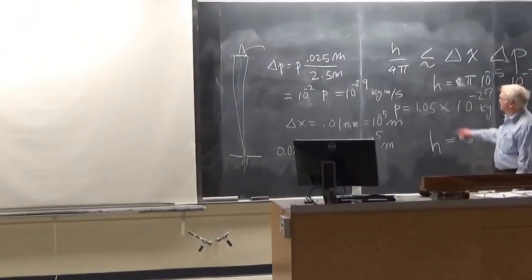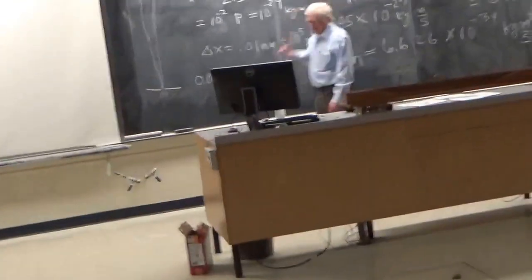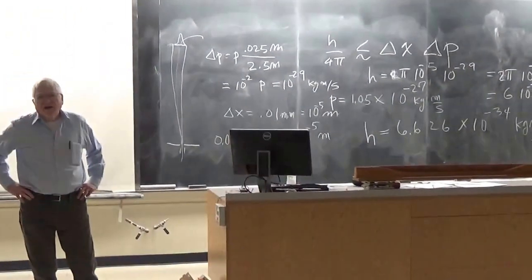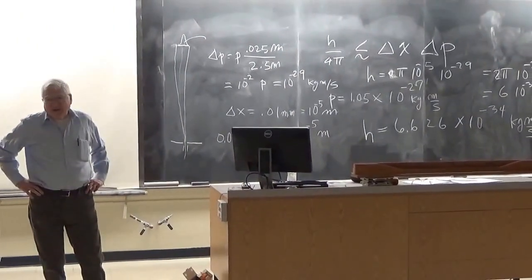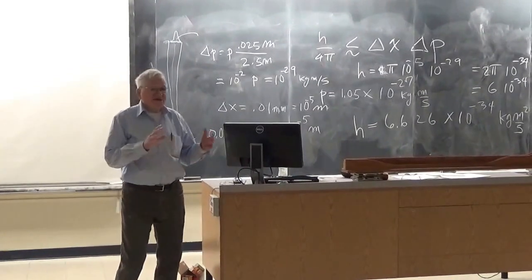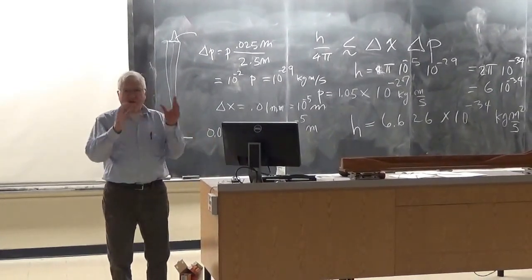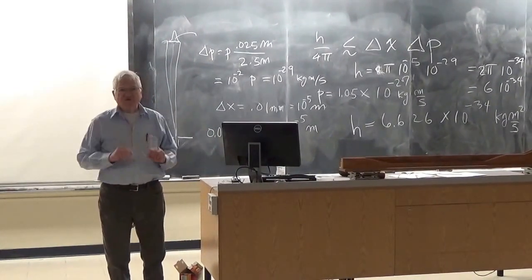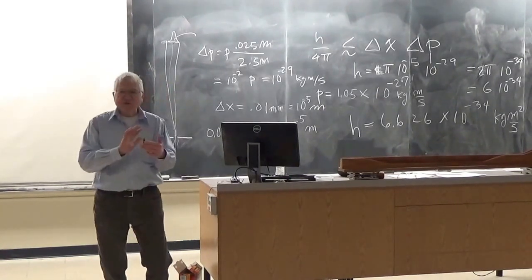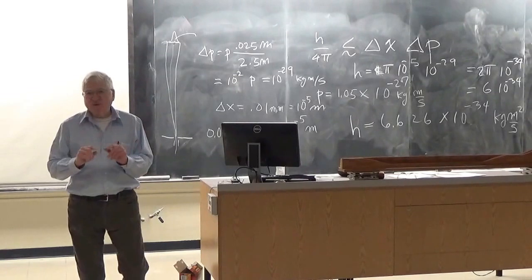Planck's constant was invented by Planck back in, I think, 1890 or so, when he was studying black body radiation. In other words, how the intensity of radiation from an oven varied with the temperature of the oven, and how the intensity of the radiation varied with the frequency of the radiation.